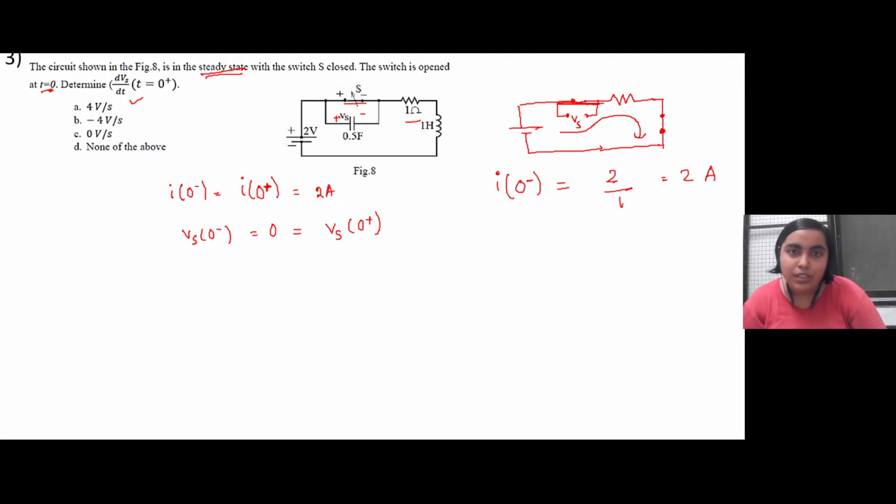Now when the switch is opened, the circuit looks like this.